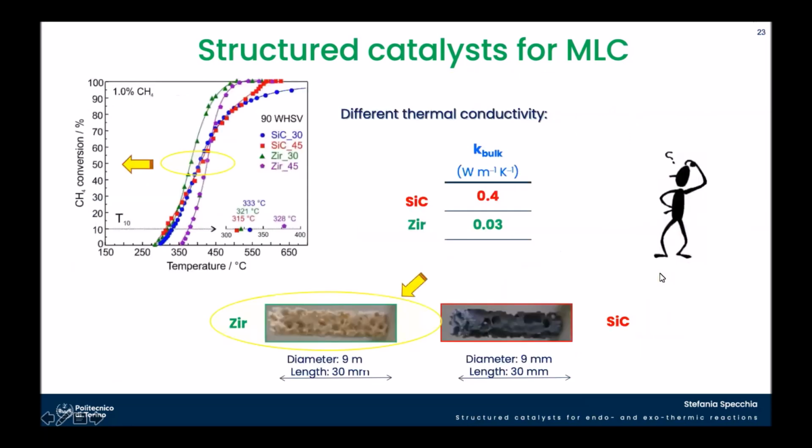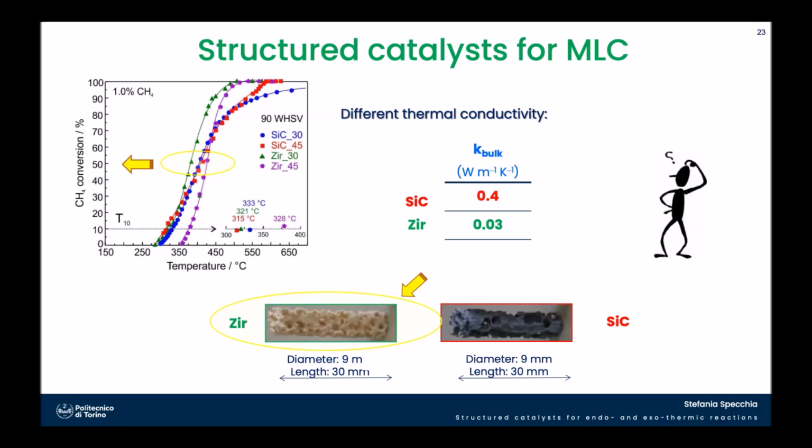So we had the idea, considering the different thermal conductivity, which is 0.4 watt per meter per Kelvin for the zirconia, whereas it is much higher for the carborundum, to try to understand what was the role of this thermal conductivity on the reaction itself. Because SiC is very heat conductive, it is able to transmit this heat, whereas zirconia is not.